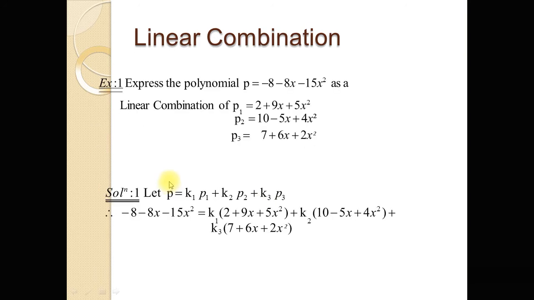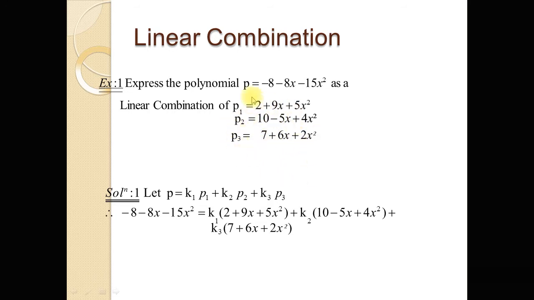Now, suppose for example we have a polynomial p equal to minus 8 minus 8x minus 15x square, and we want to write it as a linear combination of other polynomials p1, p2 and p3. We are given three polynomials: p1 is equal to 2 plus 9x plus 5x square, p2 is equal to 10 minus 5x plus 4x square, and p3 is equal to 7 plus 6x plus 2x square.